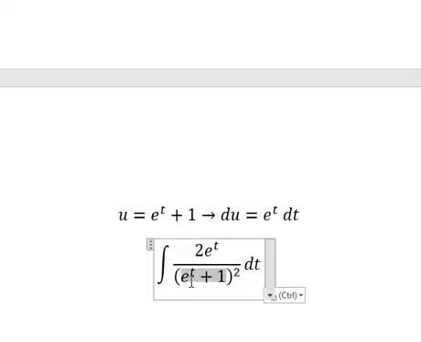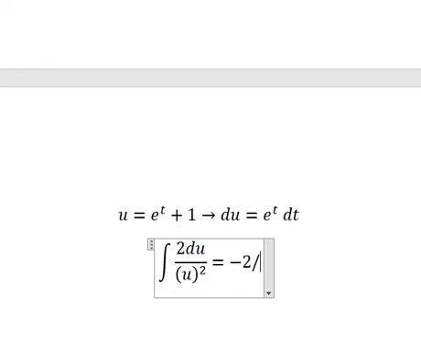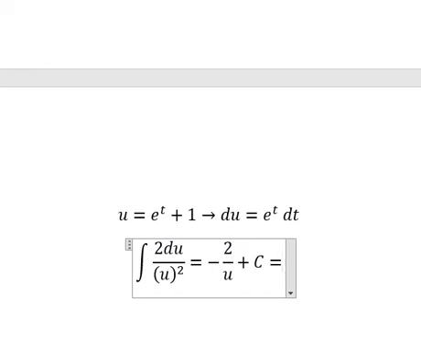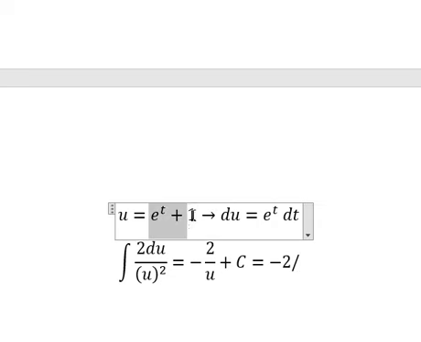So this one we change for u, e to the power of t dt we change for u. The integration of this one we have like this, about u, that is about this one.